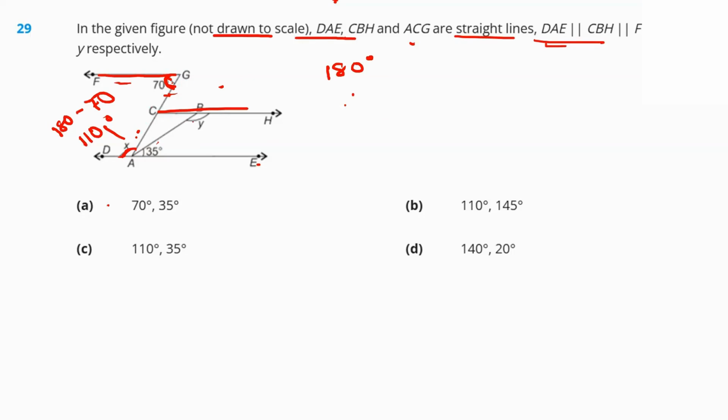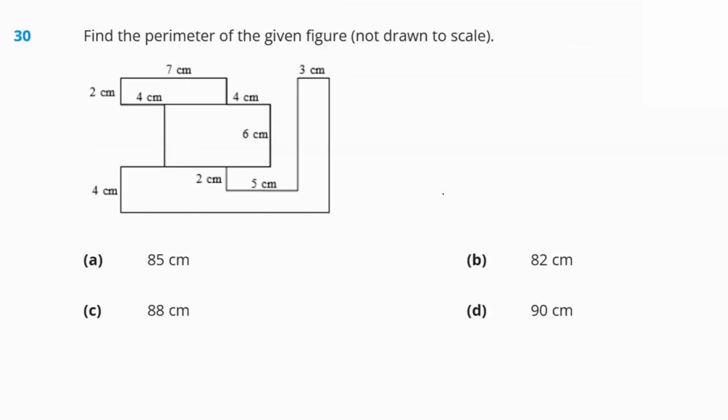So x is 110 degrees. Similarly, y and 35 are also co-interior angles, so y is 180 minus 35, which is 145 degrees. So 110 and 145 respectively. Option B is the answer.